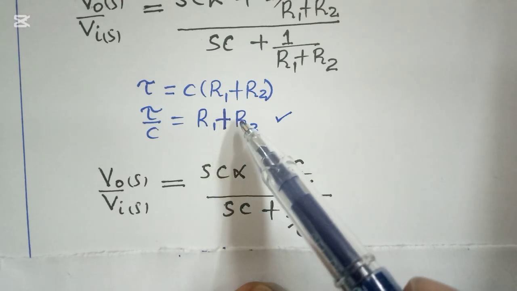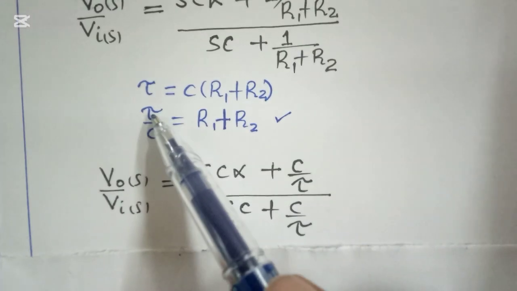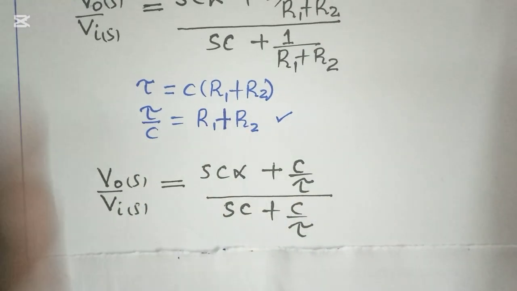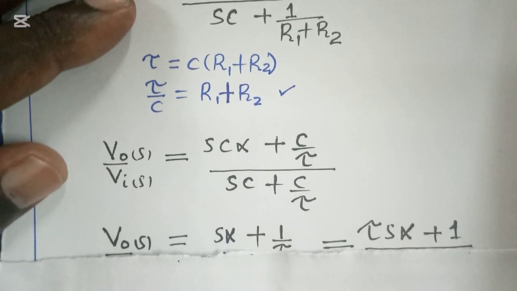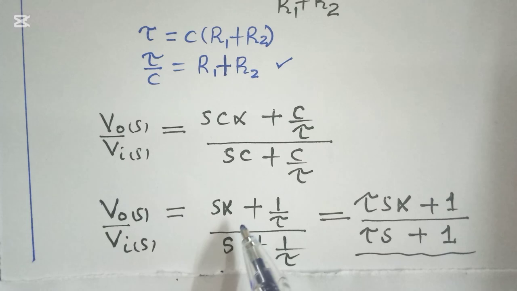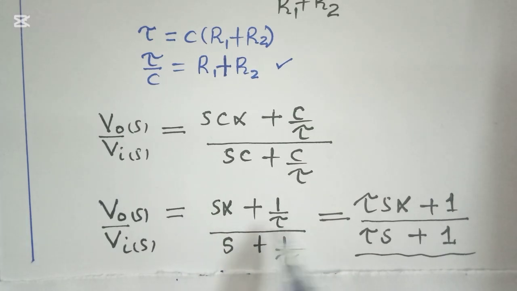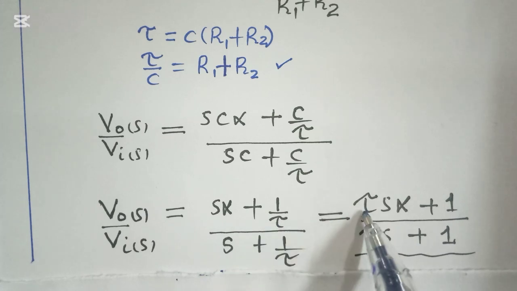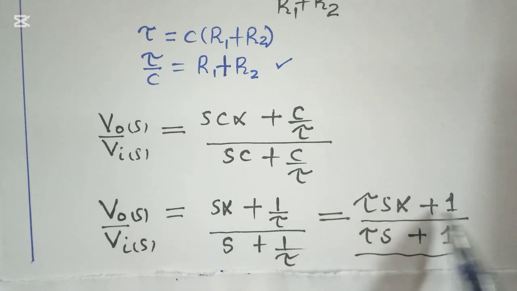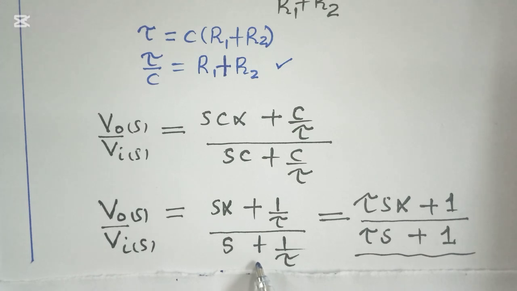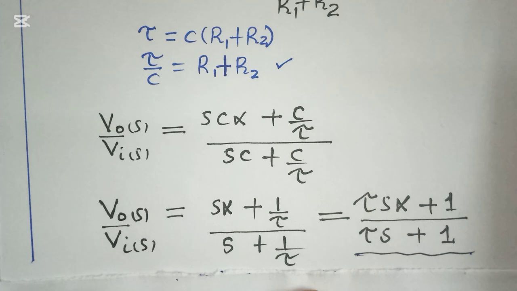If you take the reciprocal of this, you get C over tau, and this is what we have gotten. We can factor out C. Factoring out C, it is going to cancel, and we shall be left with this, whereby we can put all these under the same denominator of tau. So we get tau S alpha plus 1 over tau, and the same case here for the denominator. So the taus are going to cancel, and we are now going to be left with that.